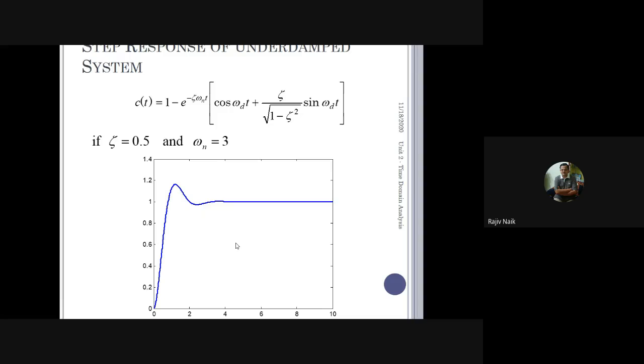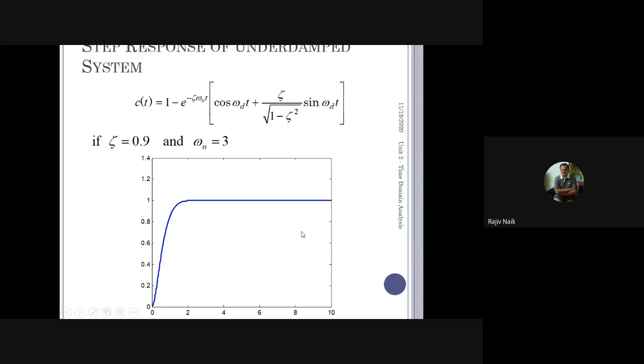So second case, see here. If zeta is now increased to 0.5 from 0.1, the oscillations have considerably decreased, and within 2-3 oscillations it will stabilize.